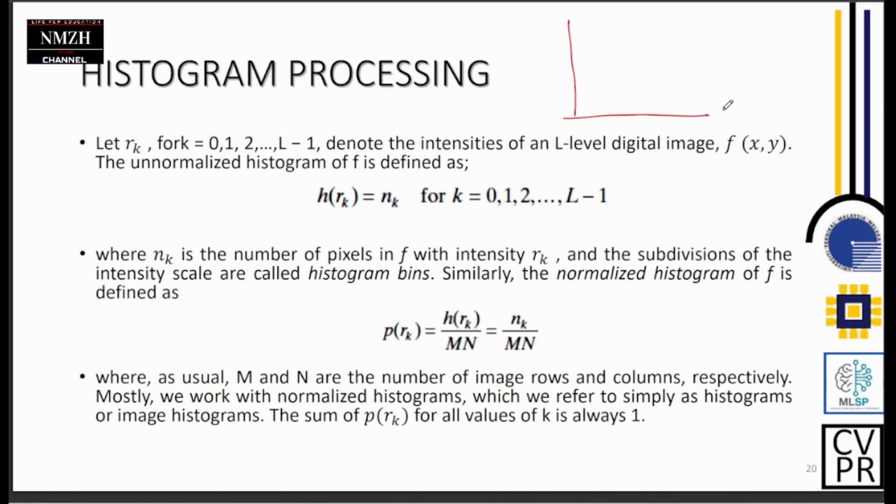So this one is RK. This one is PRK. Okay. So whereby the RK denotes the intensity of the L level. So meaning this one is 0, this one is 1, 2, 3, 4 until 255, guys.